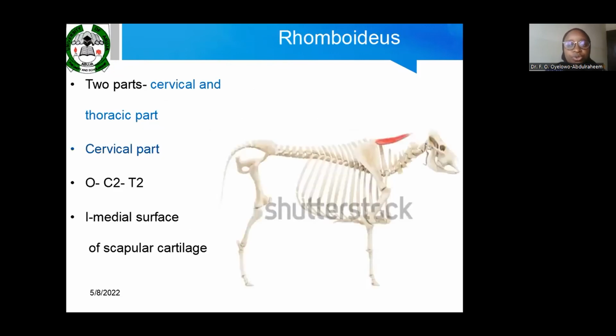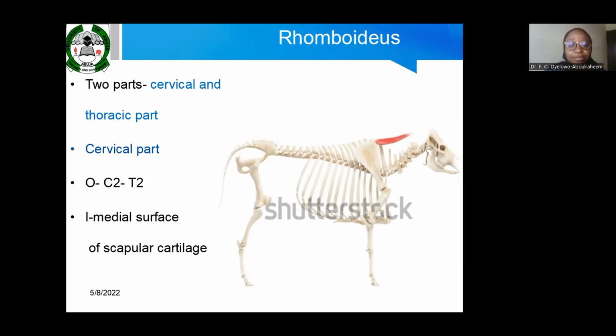Rhomboideus muscle. The rhomboideus muscle has two parts similar to the trapezius. It has the cervical and thoracic part. The cervical part originates from the second cervical to the second thoracic vertebra and inserts on the medial surface of the scapular cartilage.